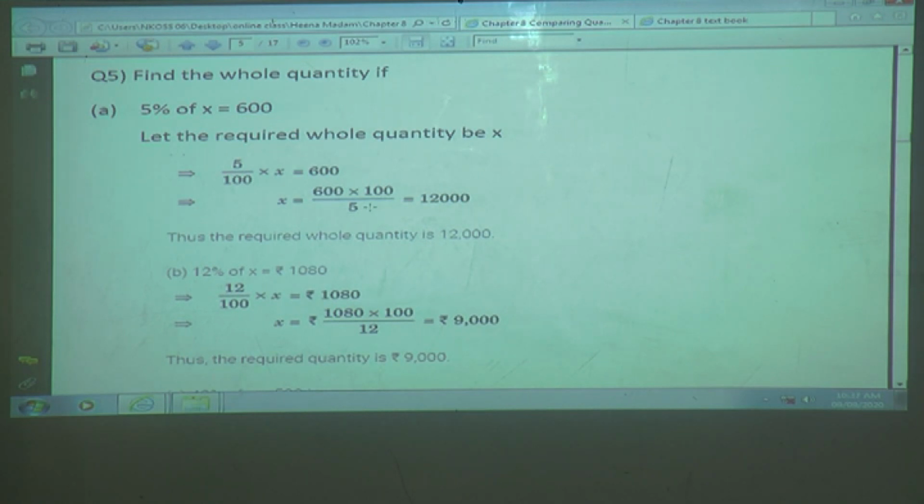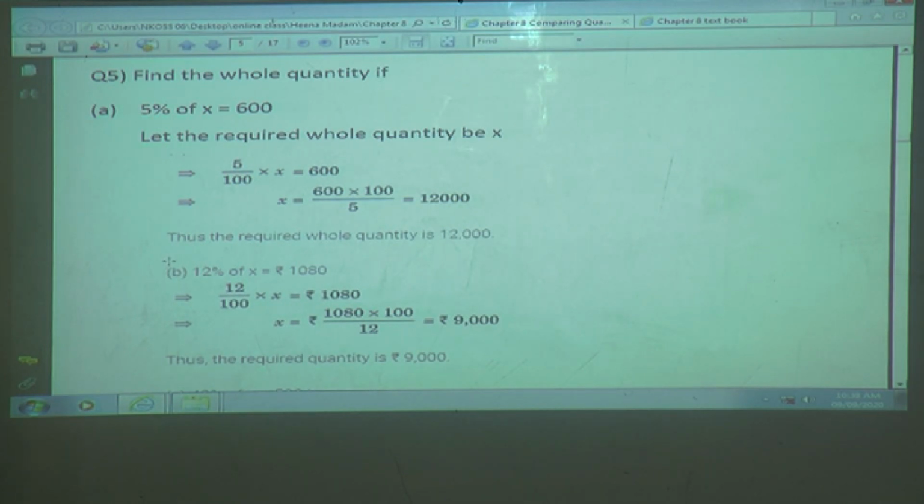Now reduce it. After reduction we get 12,000. Thus the required whole quantity is 12,000.